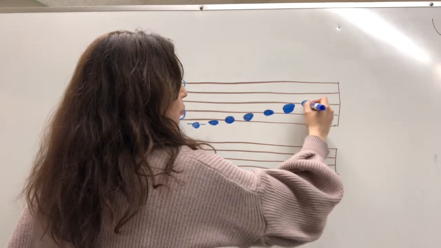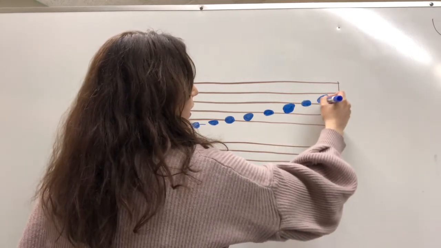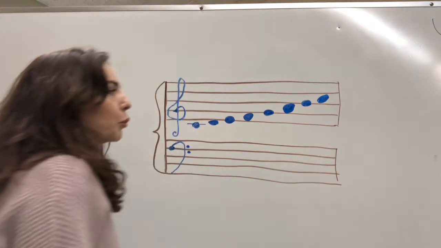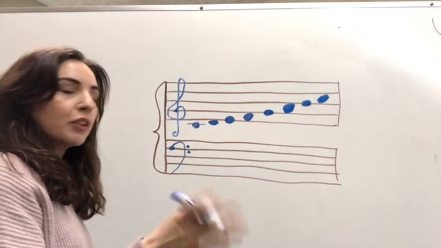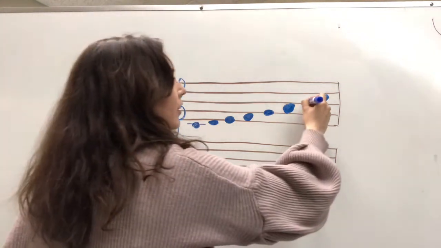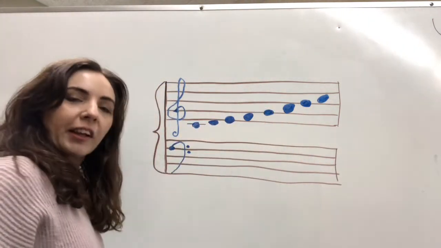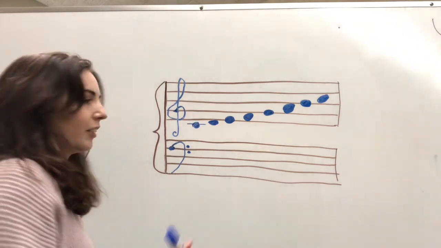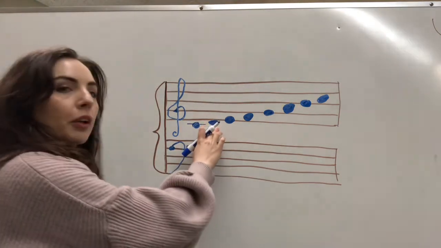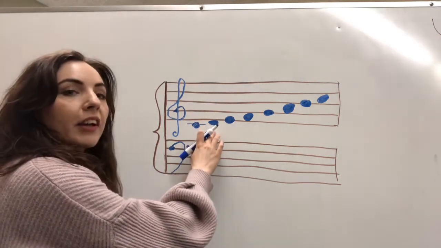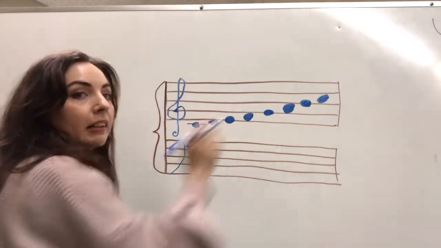A, B, C, and I don't have any more room. But that is okay. Whatever you have room for on your staff, just put that there. And as you can see, it is not perfect, and that is okay. As long as our notes are very clear, whether they are in a space or on a line, that is the most important thing.